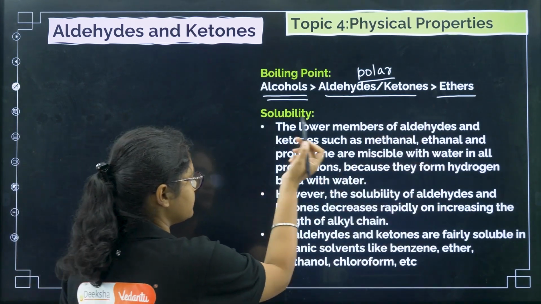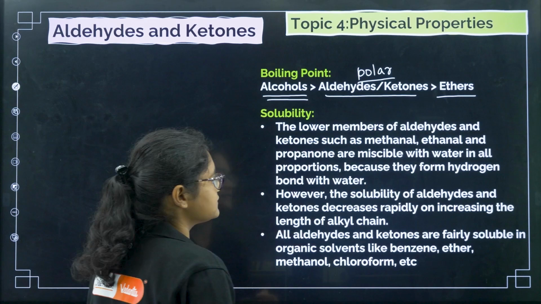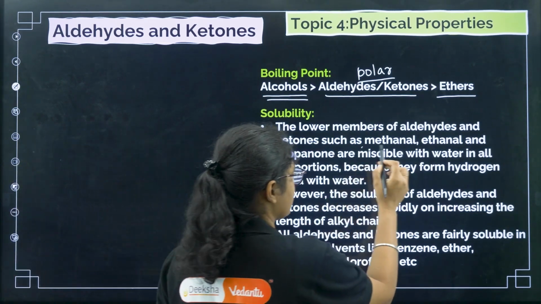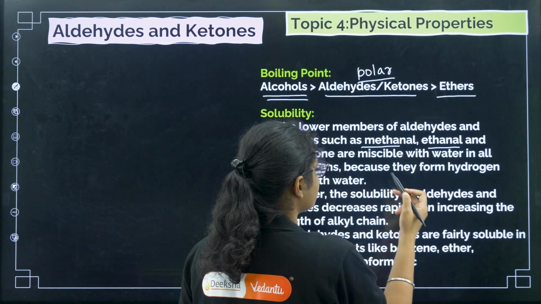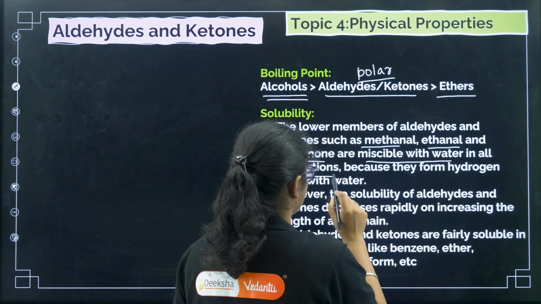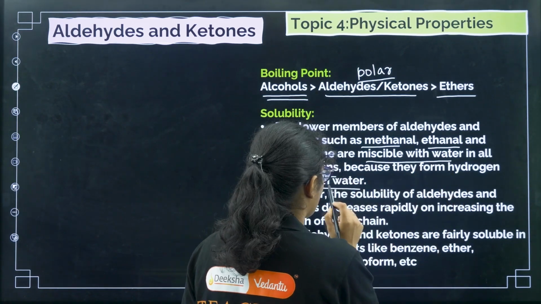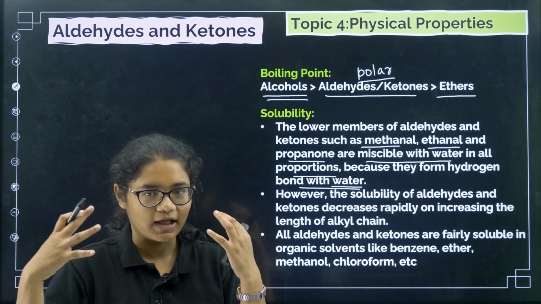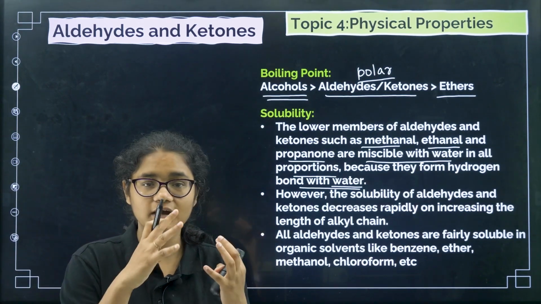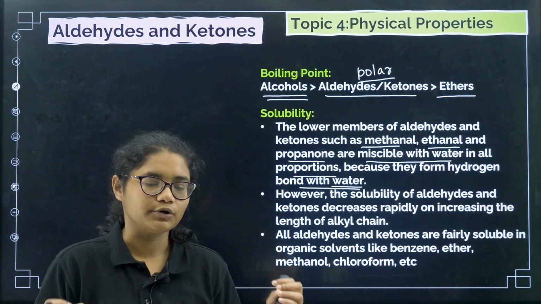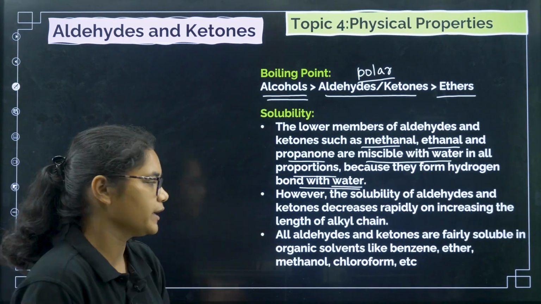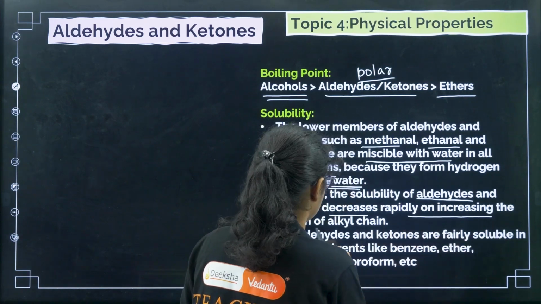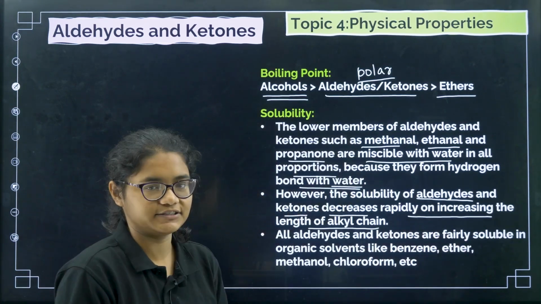Now coming to solubility. The lower mass compounds like methanol, ethanol, propanol are miscible with water in all proportions because they can form hydrogen bonds with water. But as the carbon chain increases, the solubility in water decreases. The solubility of aldehydes and ketones decreases rapidly on increasing the length of the alkyl chain, okay?